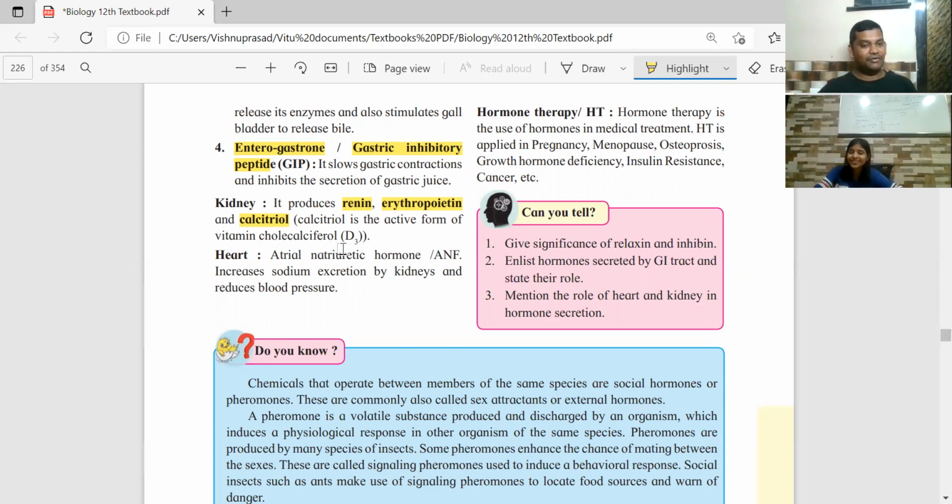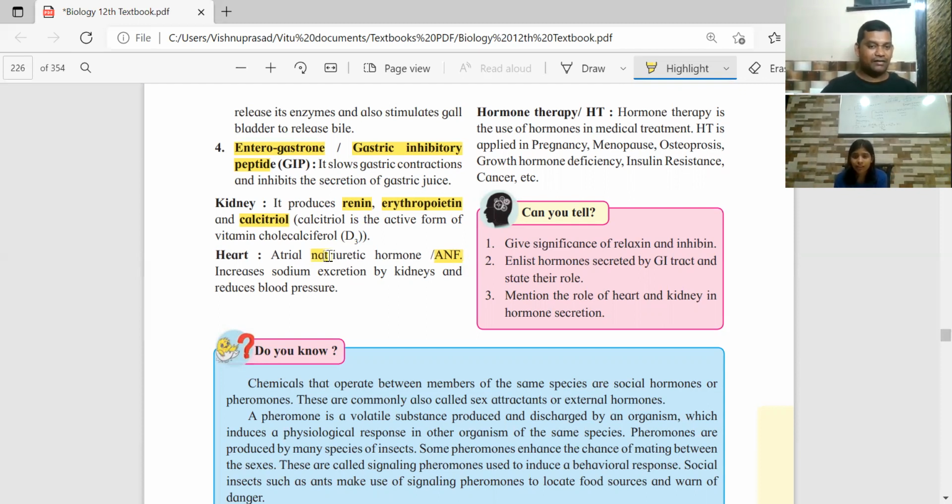These are all minor hormones. These three are produced from the kidney. Don't get confused between calcitriol and calcitonin. Then the heart. The heart releases something called ANF, atrial natriuretic factor. Atrial means this side of the heart.